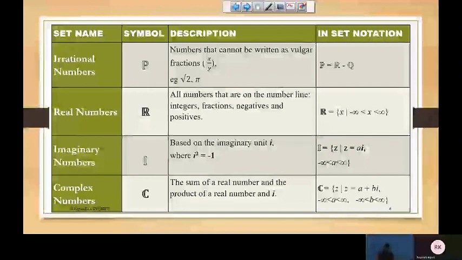So a real number plus the product of b and I, another real number, and I. So in other words, a complex number is a sum of an imaginary number plus a real number. That's what a complex number is.